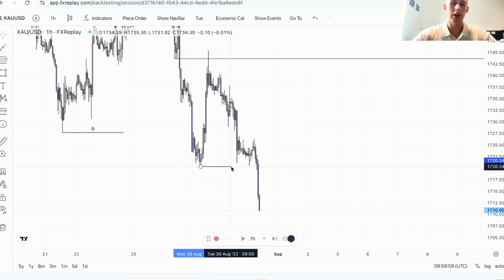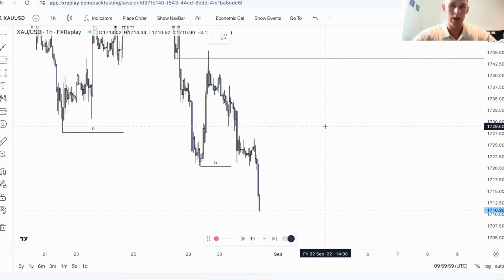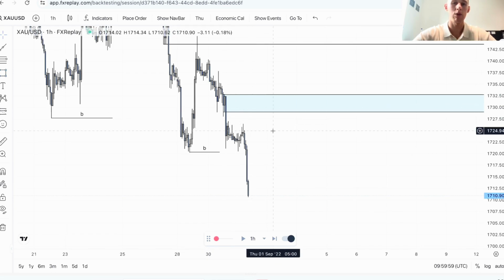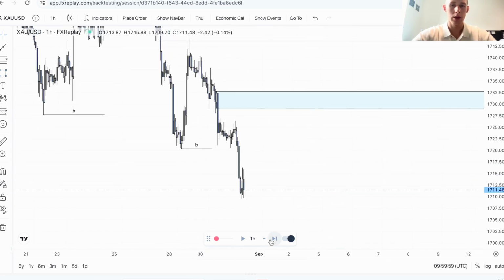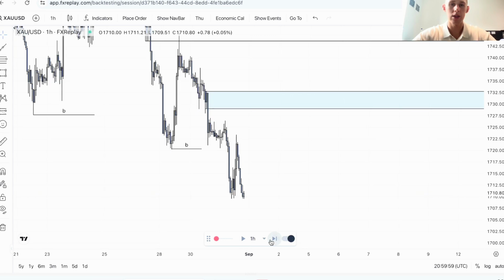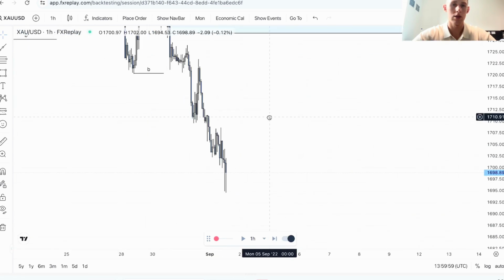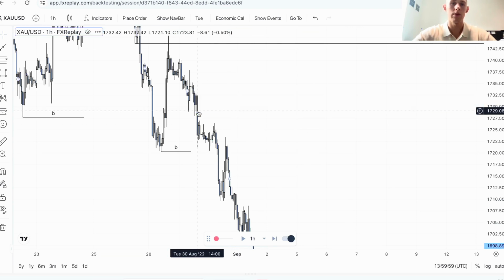Again, just following the structure now. Next zone for sells would be this region. Same reason as before. It's in a premium. We have all this liquidity below it, and we're looking for that to get taken. Or not.